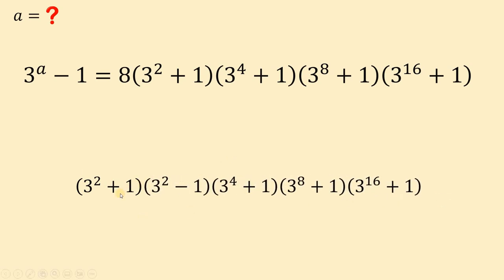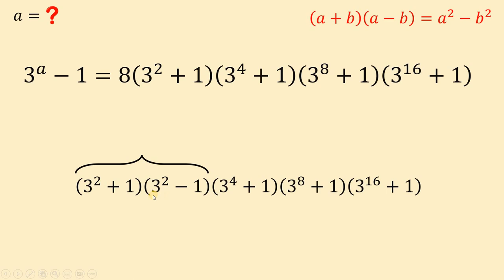Here we go. Let's focus on these two factors, 3 squared plus 1 and 3 squared minus 1. Take note that if we have a plus b multiplied by a minus b, it is equivalent to a squared minus b squared. So, this is the same thing as these factors, 3 squared plus 1 times 3 squared minus 1.